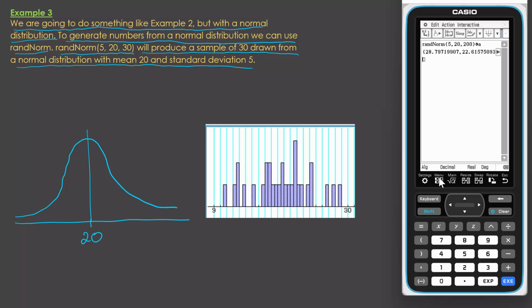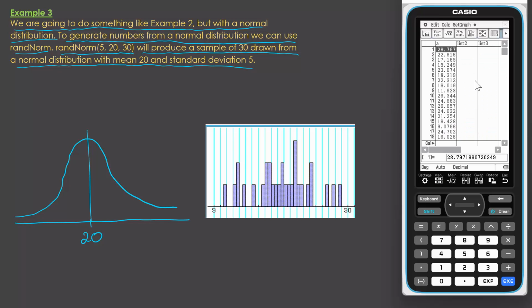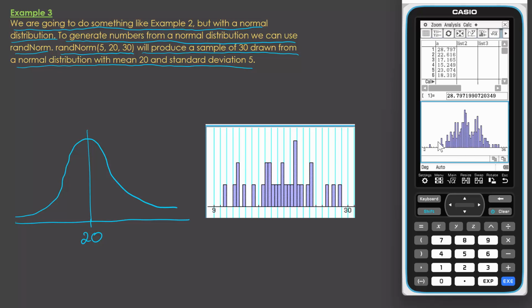So let's go back to statistics and see what this one looks like. And yeah, it's a bit more peaky in the middle. But you can see you'd need to take a very large sample for it to really start to look like the normal distribution. But note, with 2 and 36, the middle is probably around the 20 mark.